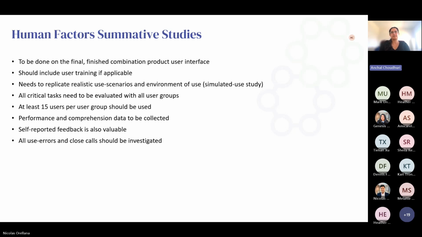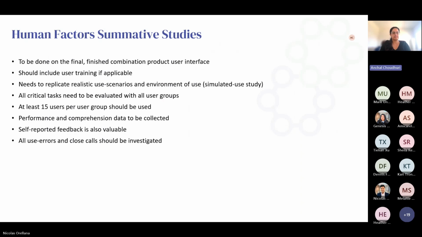That can be valuable, but it's sometimes not accurate, because sometimes we see study participants say, oh yeah, that was super easy to use, I had no problems, but in actuality, they didn't use the product correctly. So the self-reported feedback is good to collect, but often needs to be taken with a grain of salt.